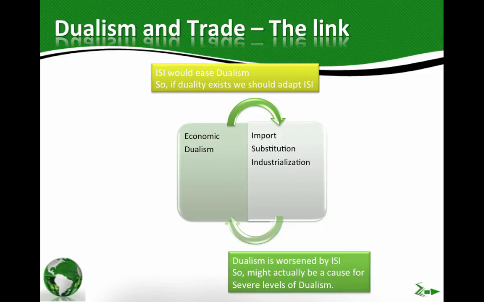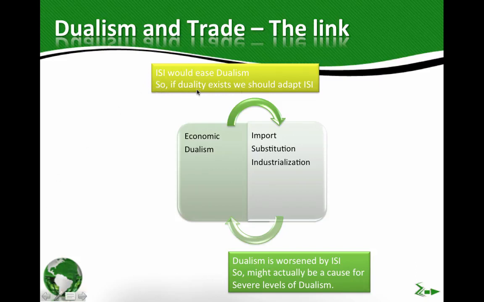Right? Now, how are import substitution industrialization and economic dualism linked? Well, if you have these high levels of unemployment around your urban areas, that means the modern sector is not able to absorb these people that are migrating from rural to urban areas. So the believers in ISI really think that ISI can ease dualism.